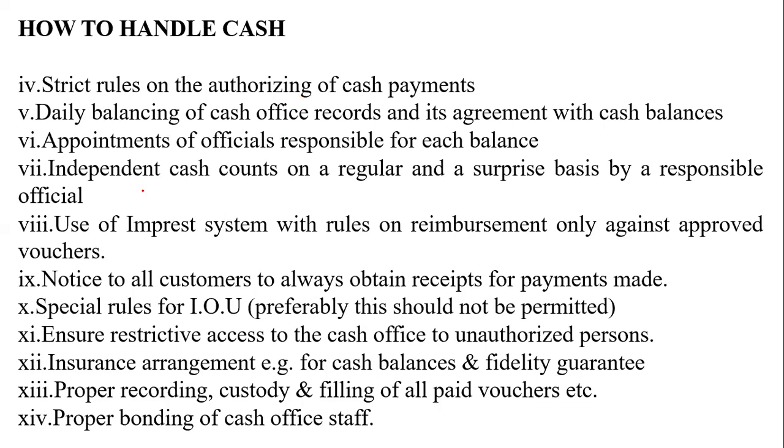Then, how to handle this? Strict rules must be put in place for cash payment. You don't just allow anybody to make payment. Daily balances of cash should be done. Then there is the use of the imprest system, with rules on reimbursement, so that when payments are done, people get to know what they have to do.